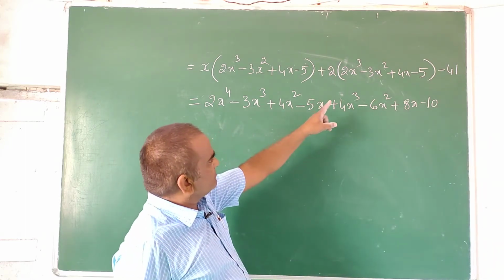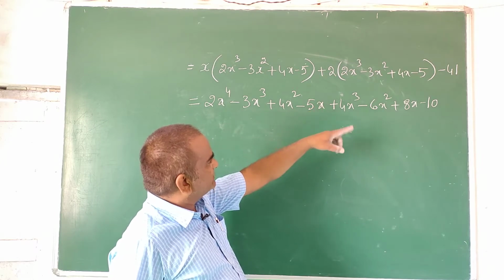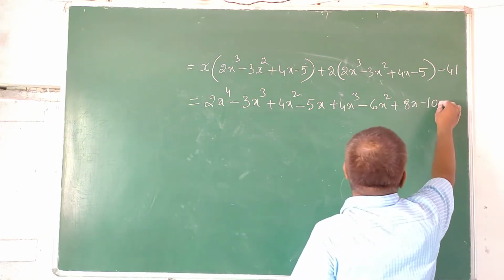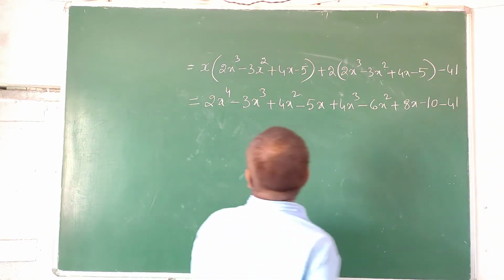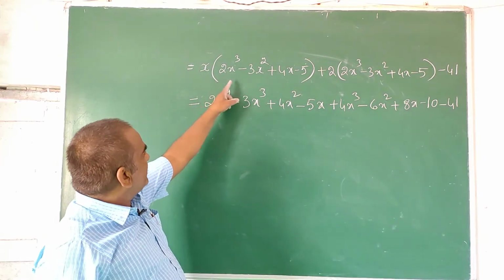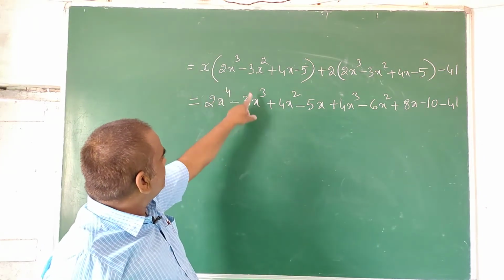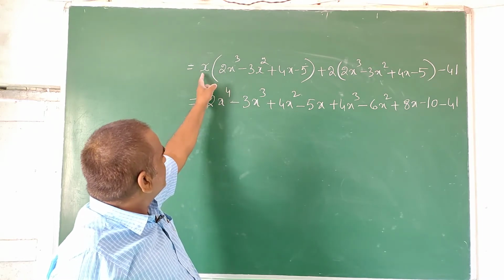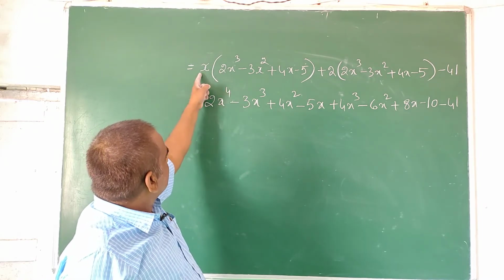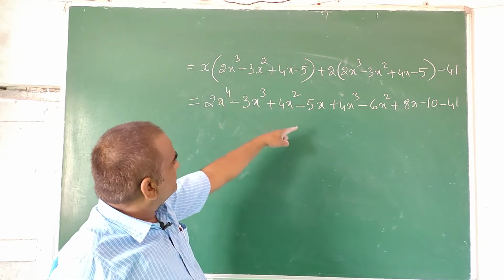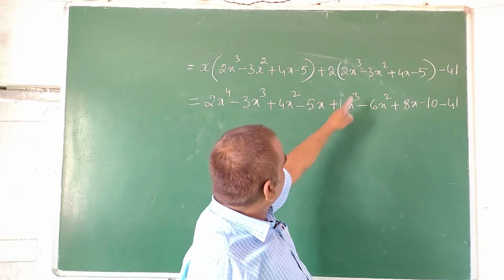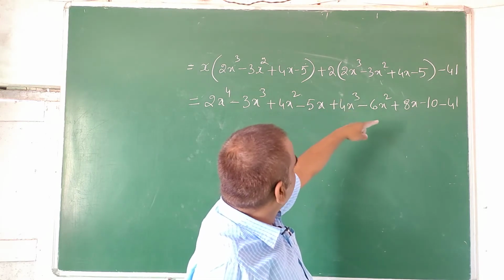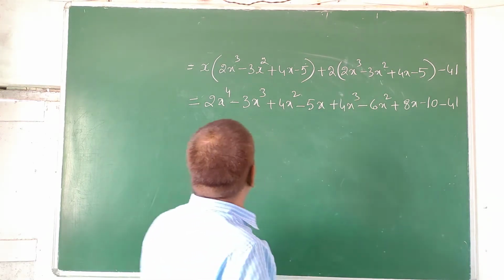So 4x cube minus 6x square plus 8x minus 10 minus 41. Did you understand? So I am multiplying 2x cube into x, 2x power 4 minus 3x cube plus 4x square minus 5x plus 4x cube minus 6x square plus 8x minus 10 minus 41.